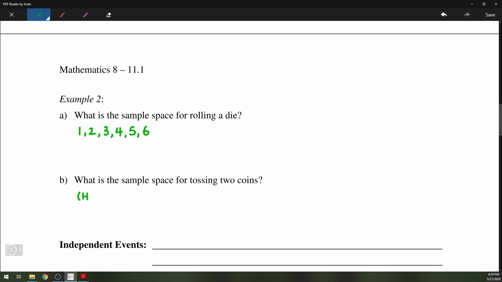You can get heads, heads, heads, tails, tails, heads, and finally tails, tails. If you add a third coin, then there will be 8 outcomes, and we'll talk about this more in the next lesson.